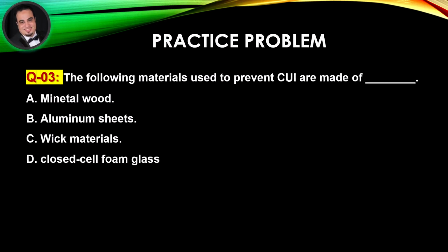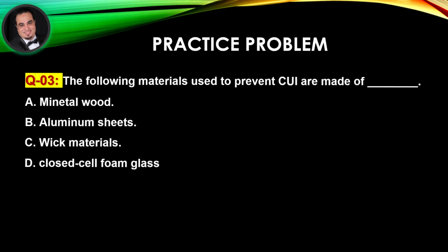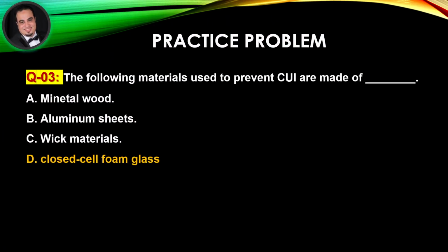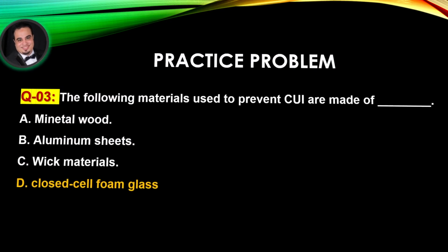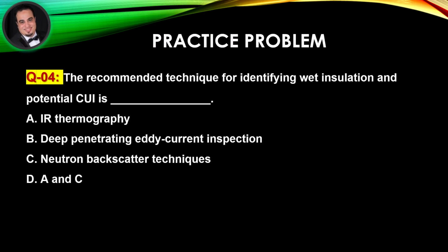Question number 3. The following materials used to prevent CUI are made of. Answer is D. Question number 4. The recommended technique for identifying wet insulation and potential CUI is.